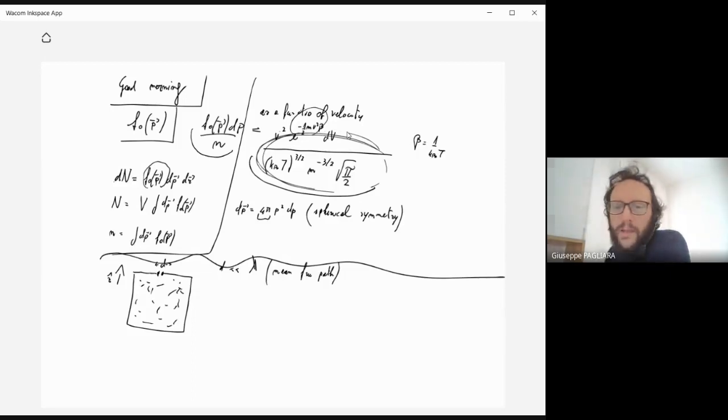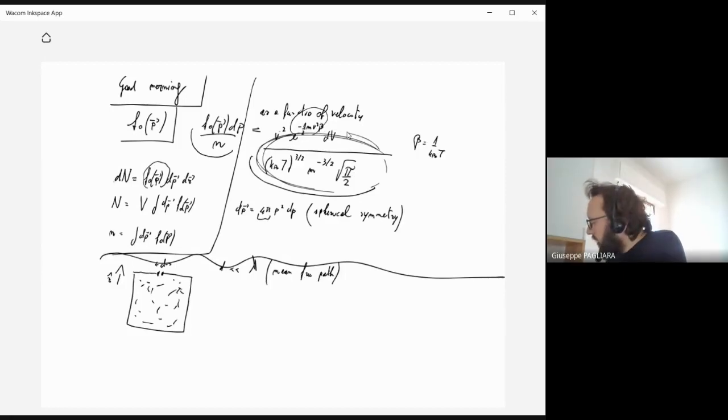What is a mean free path? It is basically the distance that a particle covers between two collisions with other particles. So this is, let's say, the free streaming distance covered by a particle.